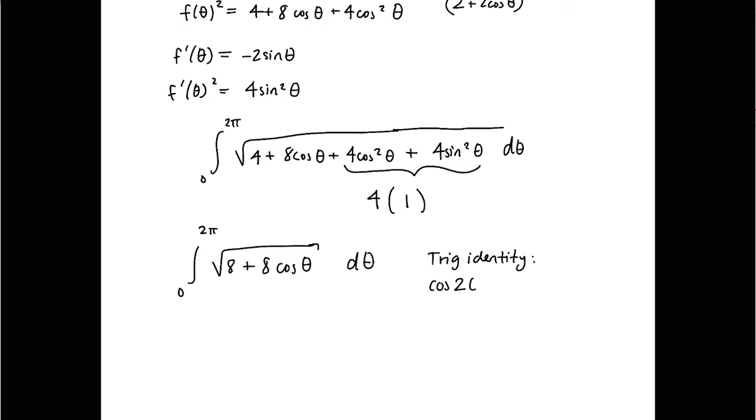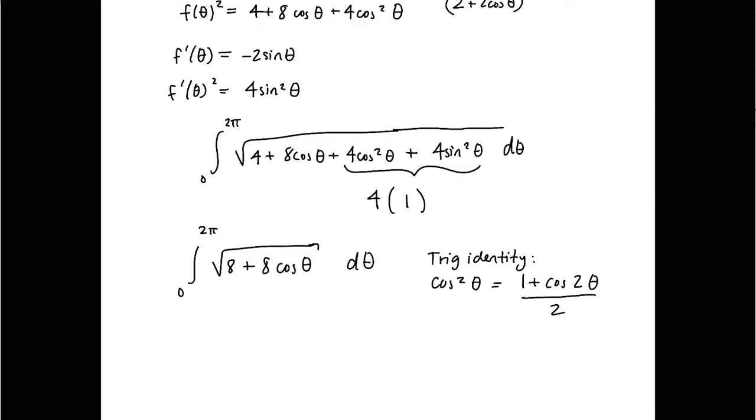cosine squared of theta is equal to 1 plus cosine 2 theta over 2.